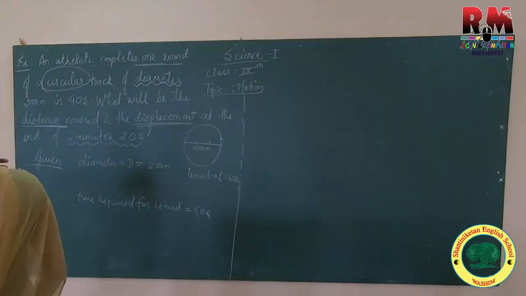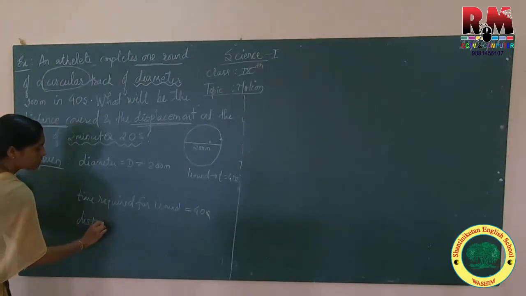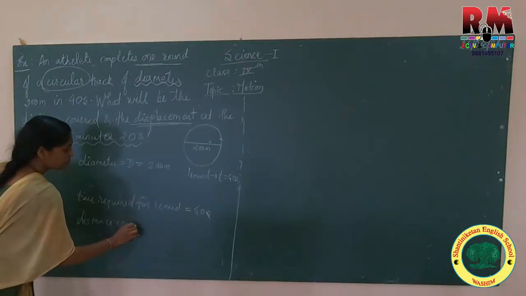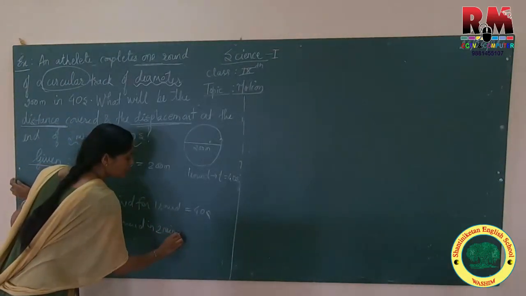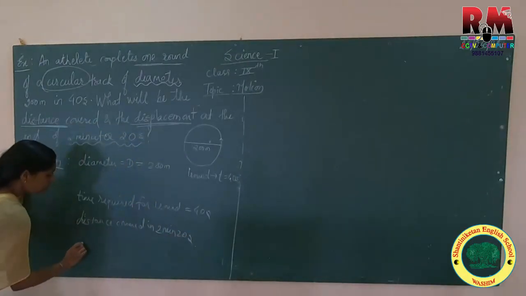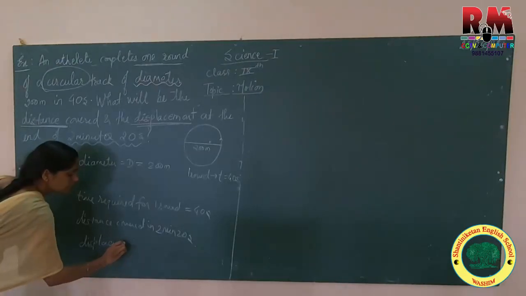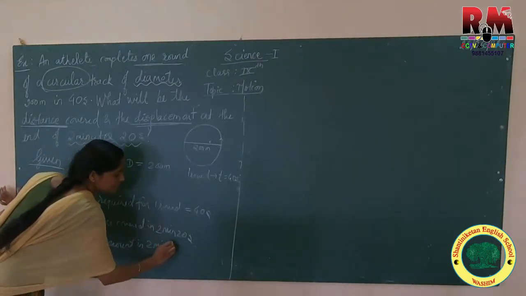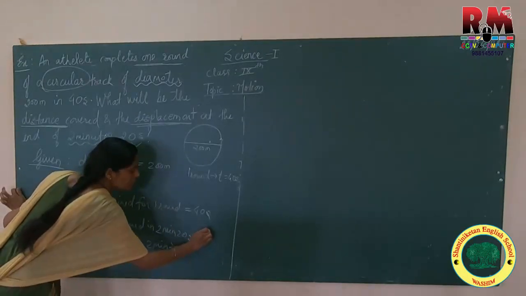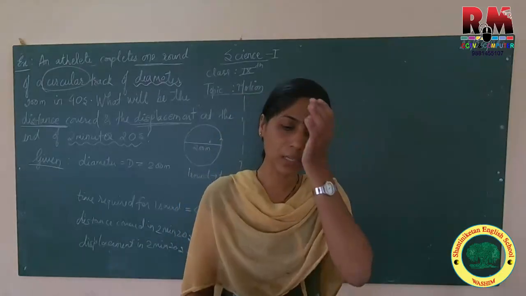Then you have to find the distance covered in 2 minutes 20 seconds and the displacement in 2 minutes 20 seconds. Okay, so this is our problem. Let us find a solution for it.